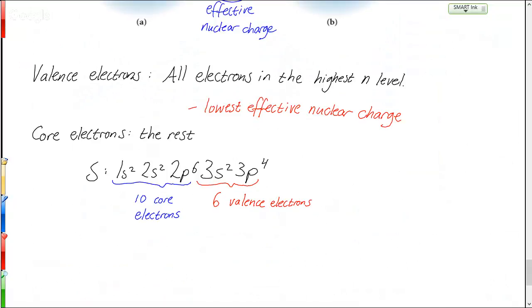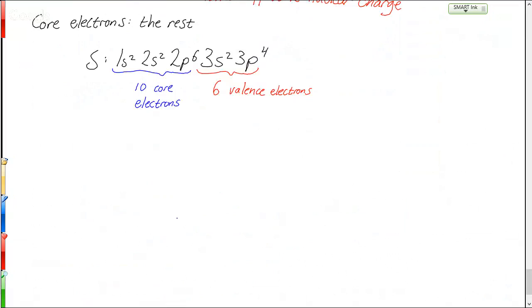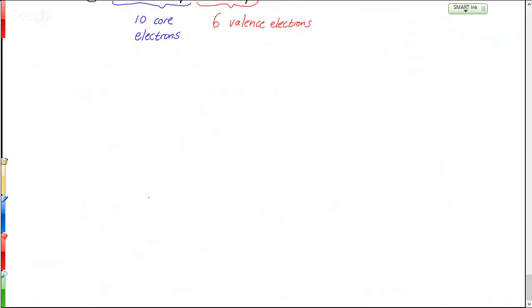All right. So let's look at how this idea of effective nuclear charge and valence electrons can explain what we call periodic trends or periodic properties.